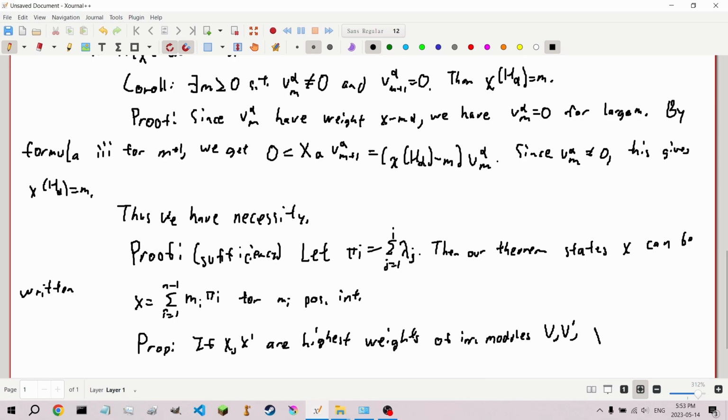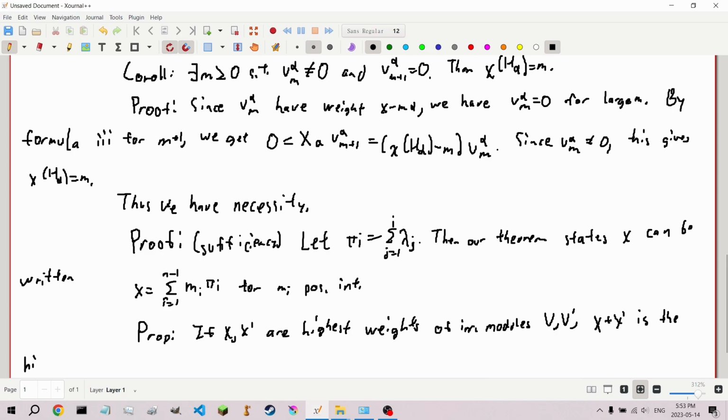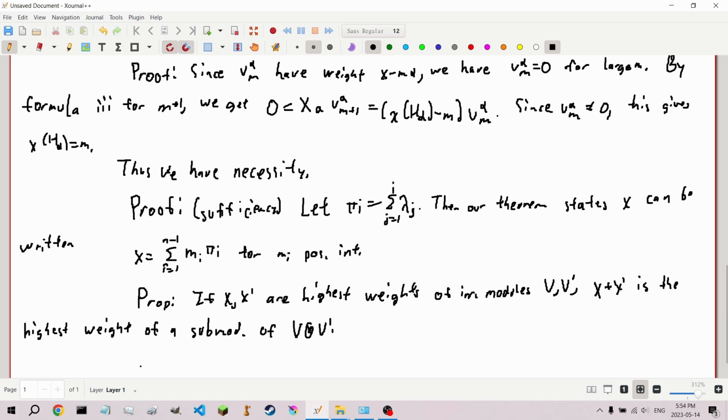Then chi plus chi prime is the highest weight of a submodule of V tensor V prime. Proof.